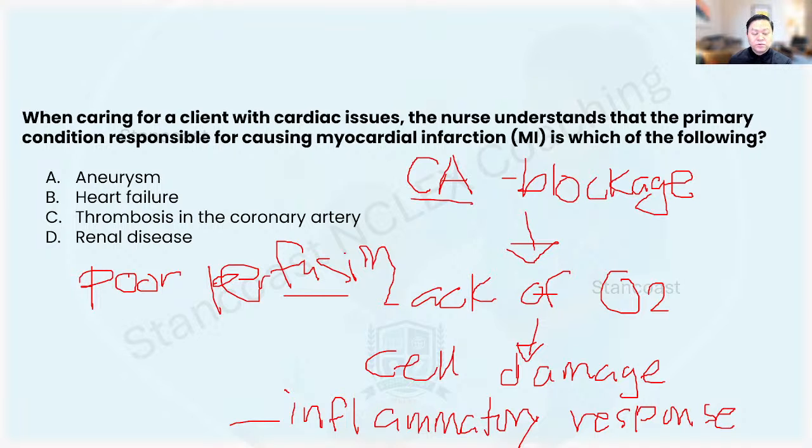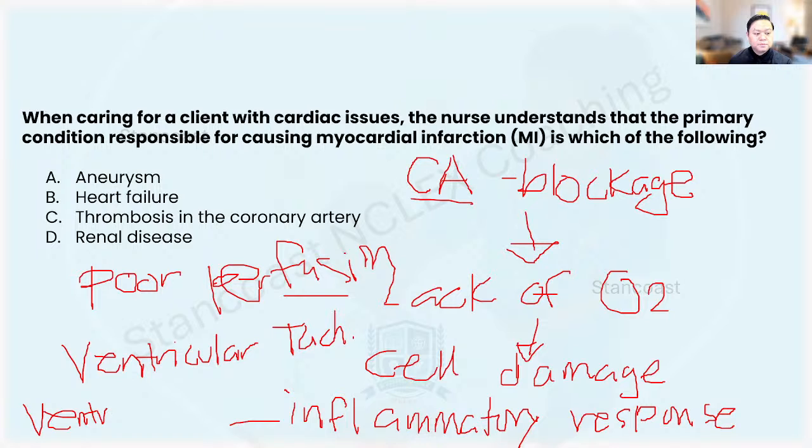These are ventricular tachycardia, or V-tach, and ventricular fibrillation, VFib. These are both life-threatening, but of course, ventricular fib is the worst, right?